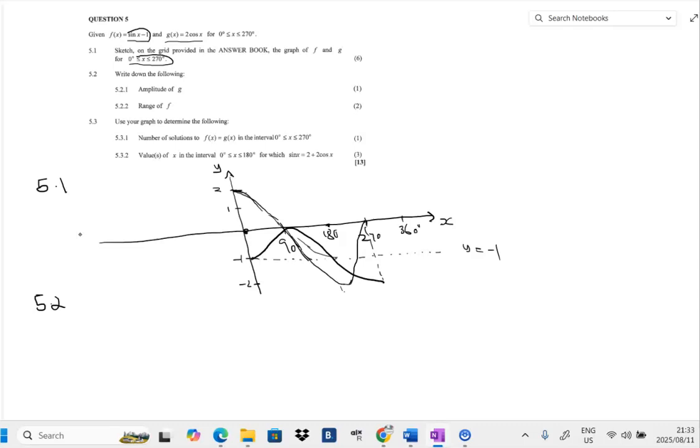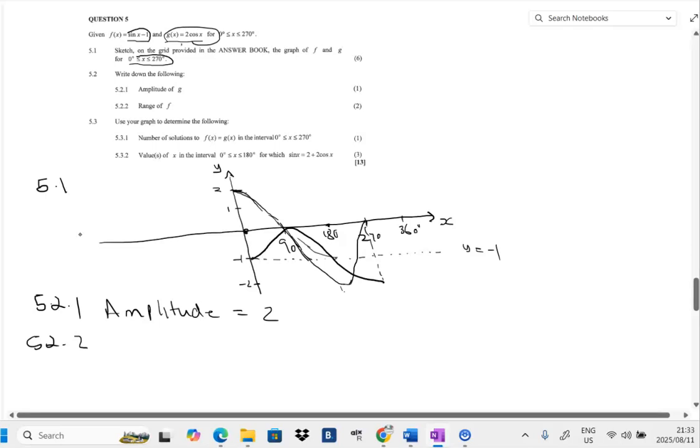5.2.1, they say write down the amplitude of g. Which one is g? g is this one. The amplitude is 2, right? Amplitude is equal to 2. You can calculate it if you want. 5.2.2. Write down the range of f.